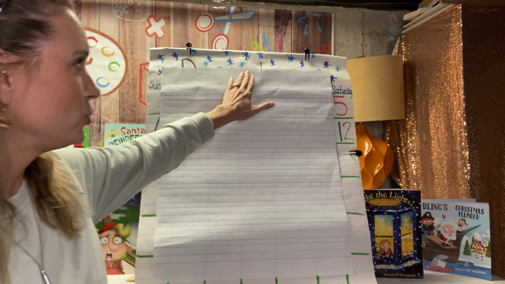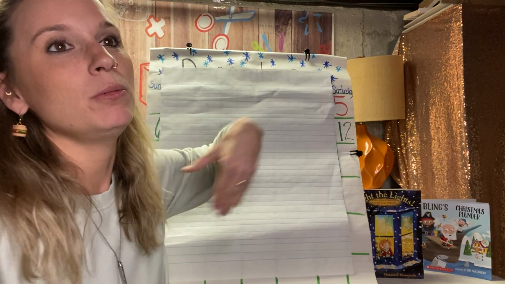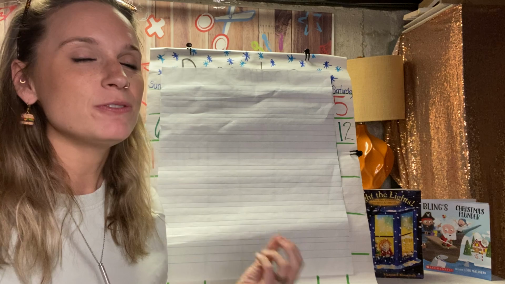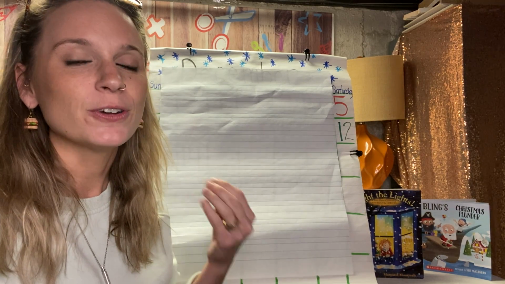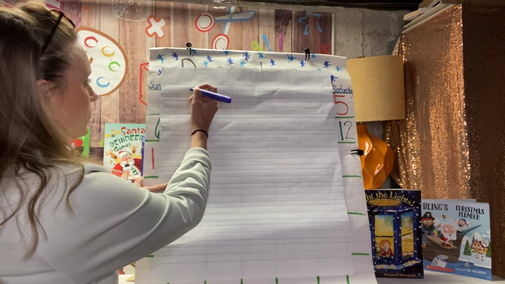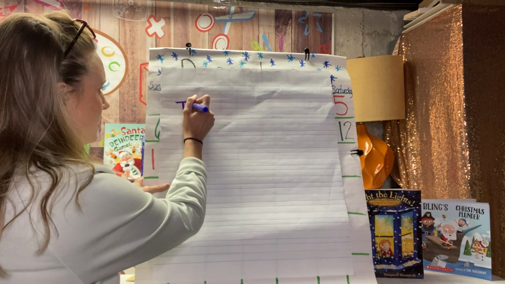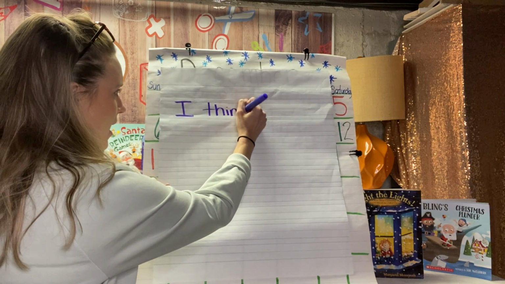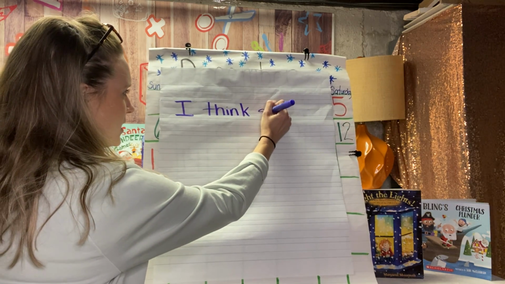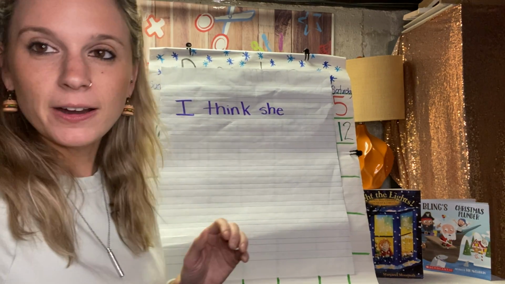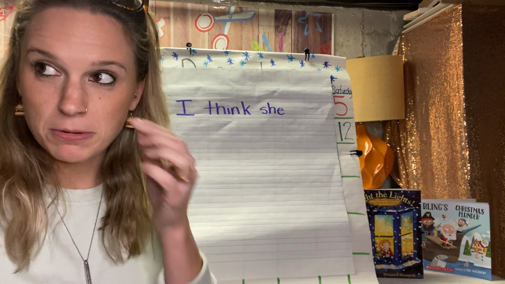Okay, so I'm going to show you the two different ways you can write it, and then we're going to talk about how when you sound out the rest of the words that you want to write, you have to write a letter for every sound that you hear, okay? So my first choice was I think she. I'll give that to you on the website so that you can copy that part. And then the rest of it, you're going to have to sound out yourself.